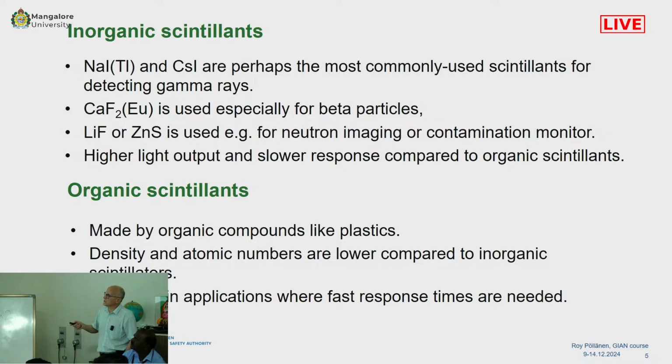This scintillant is used for beta particles, and these are used, for example, for neutron imaging or contamination monitors. And compared to the organic scintillants, light output is higher, but the response is slower.